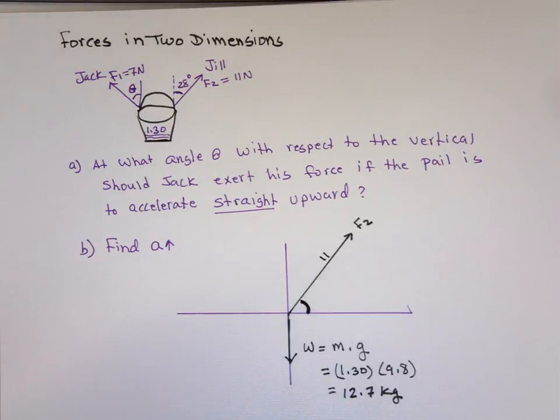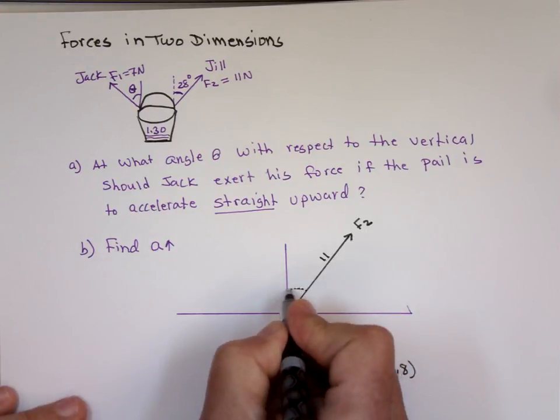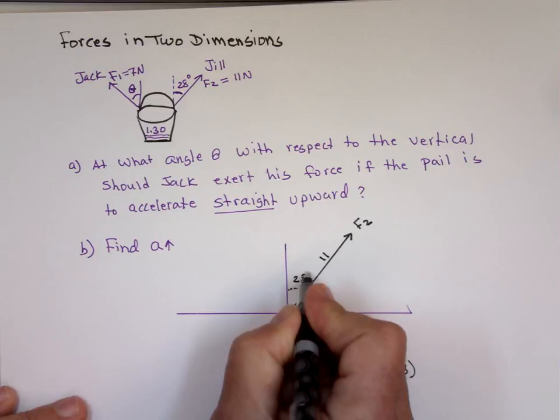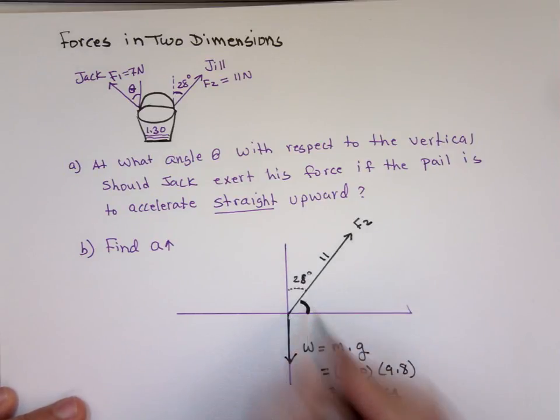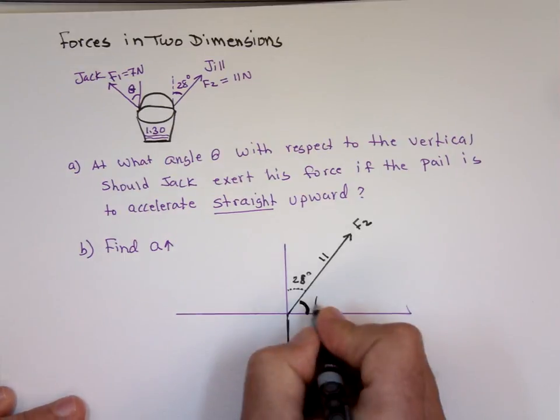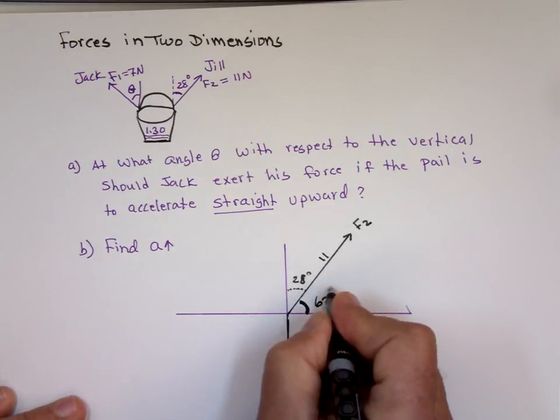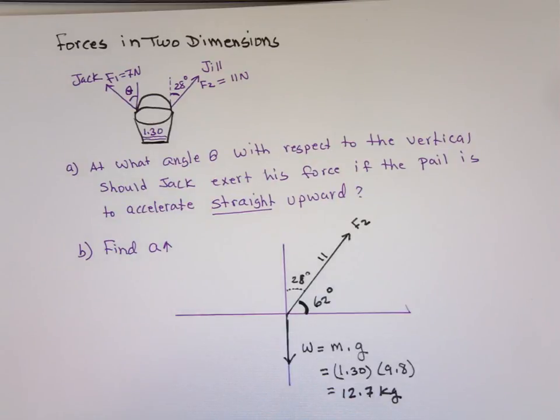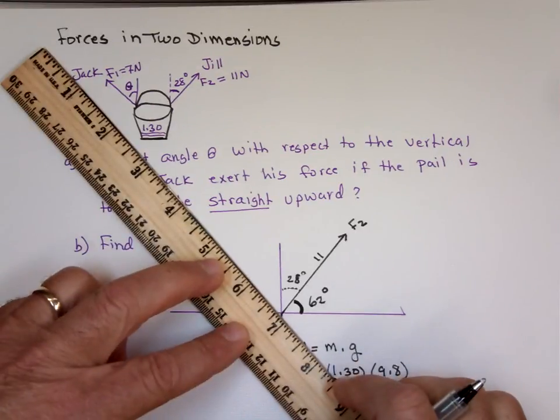If this is 28, what is this angle down here? 62, good. Because I like the angle with respect to the x-axis. So this way, the x component will be the cosine, the y component will be what? The sine.